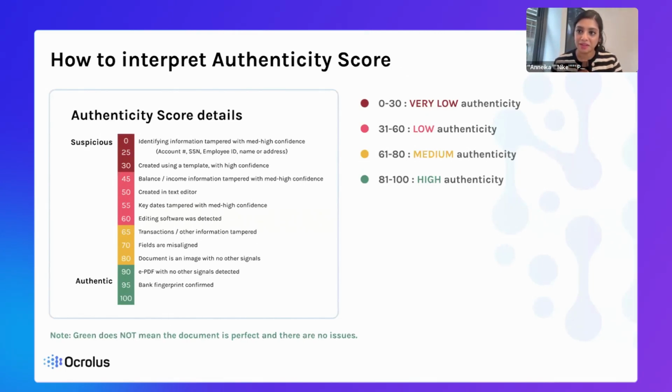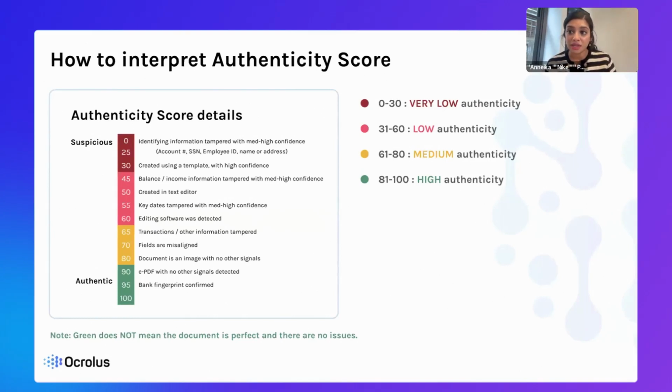Cool. Awesome. This is a good question in terms of these thresholds not being a roll of the dice. How did Ocrolus come up with the thresholds from low, medium, high scores? Yeah, it's a wonderful question because as I mentioned, there's some subjectivity in how every lender or property manager might use this data and how they might threshold.